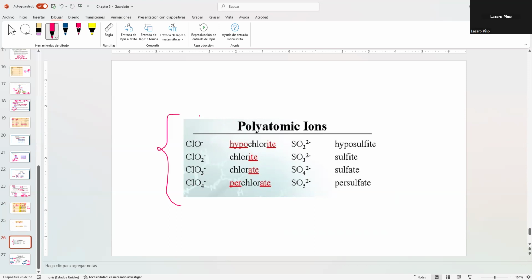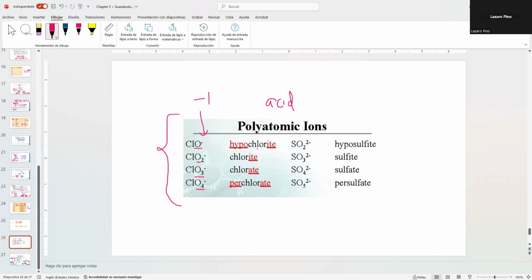As you can see, the charge is always negative 1. What changes? The number of oxygens. According to the number of oxygens, the name of the polyatomic ion in the acid will change.